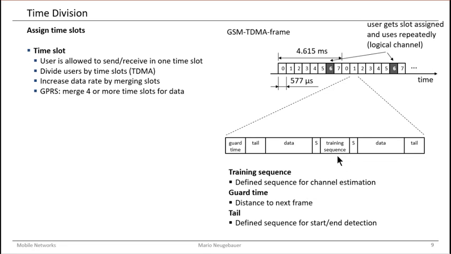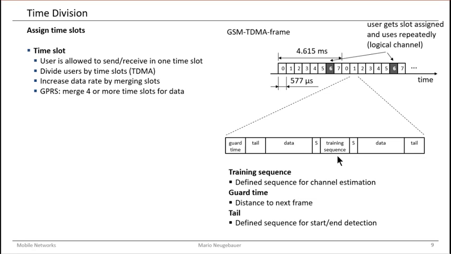So basically that's all what happens in one burst, and each user in a cell, each user which is assigned to an antenna, is allowed to use one of these bursts. It repeats so that the user, for example, gets the 6th burst, and every 8 time slots the user is allowed to transmit the next chunk of the data it wants to transmit.